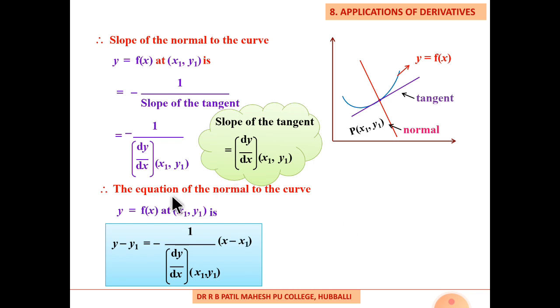Here the equation of the normal is the equation of this red line. For this line, one point is given, that is (x1, y1), and the slope is the opposite reciprocal of the slope of the tangent. So we can write the equation of the normal as y minus y1 equal to minus 1 by dy by dx at (x1, y1) into x minus x1.